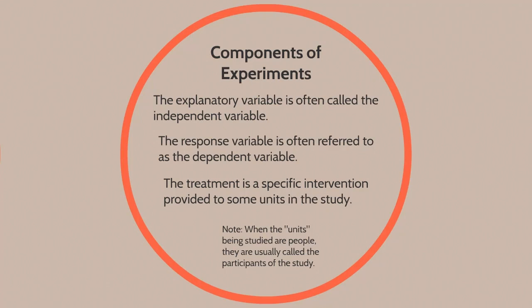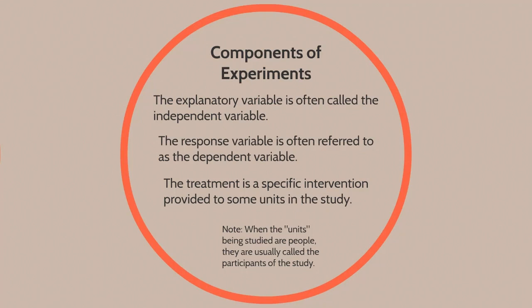Similarly, the only time I call a response variable a dependent variable is in an experiment. The idea of an independent and dependent variable is that the independent variable is causing changes in the dependent variable, and in other kinds of studies we don't know that to be the fact, so I don't use those terms.